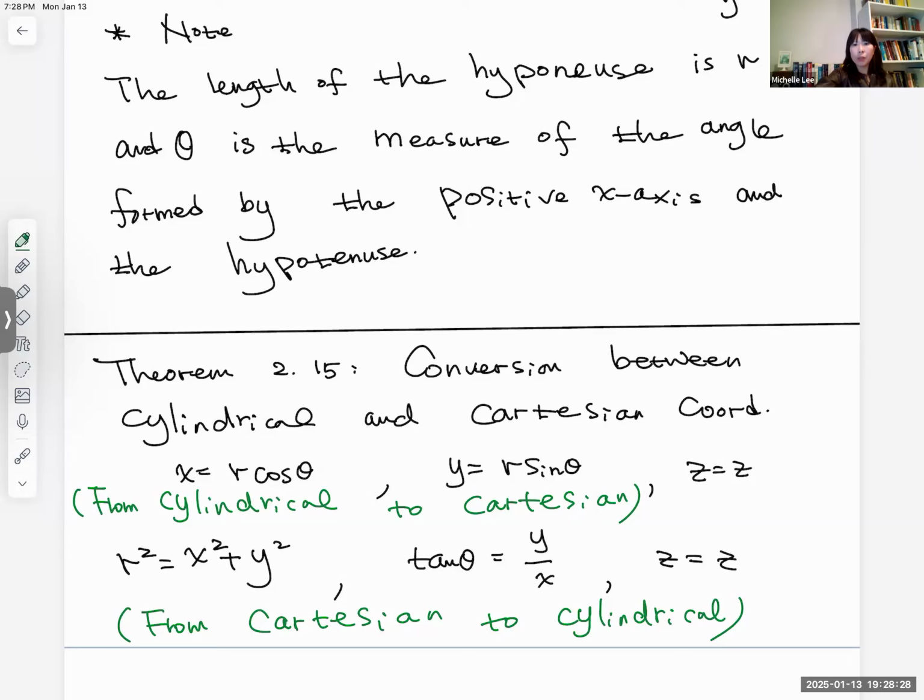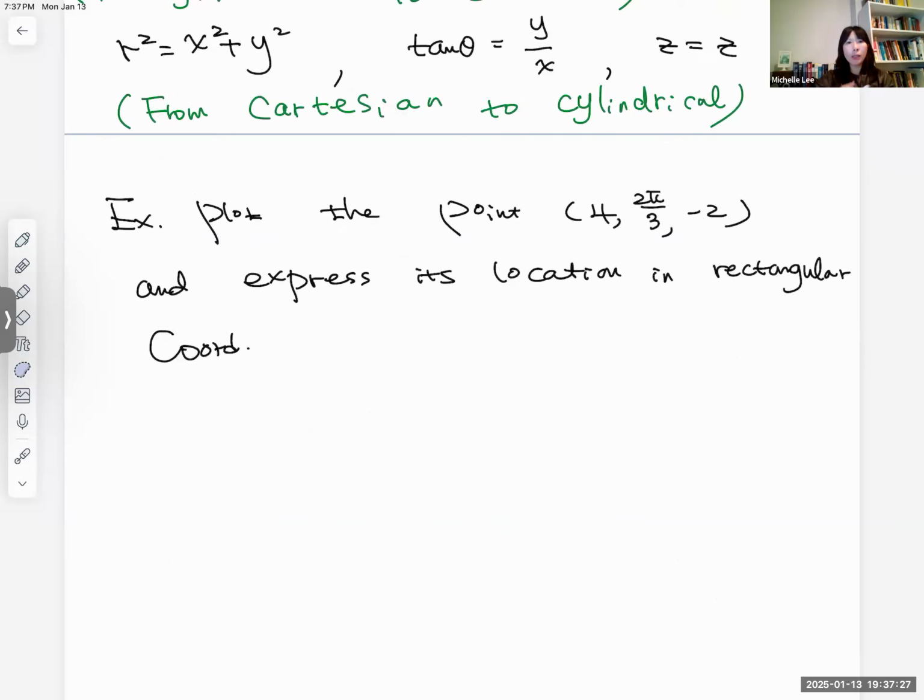Okay, so let's do an example. Here is the example: plot the point 4, 2 pi over 3, and negative 2. This is r, theta, z, right, in the cylindrical coordinate system. So we need to plot the point.